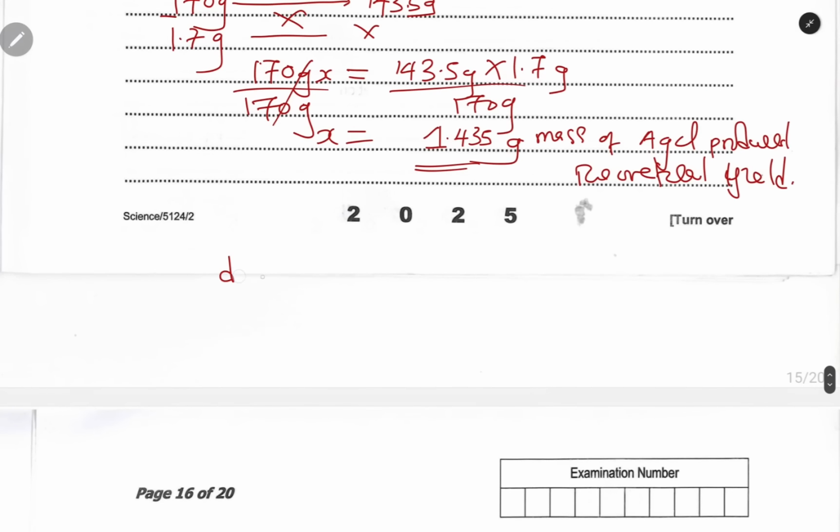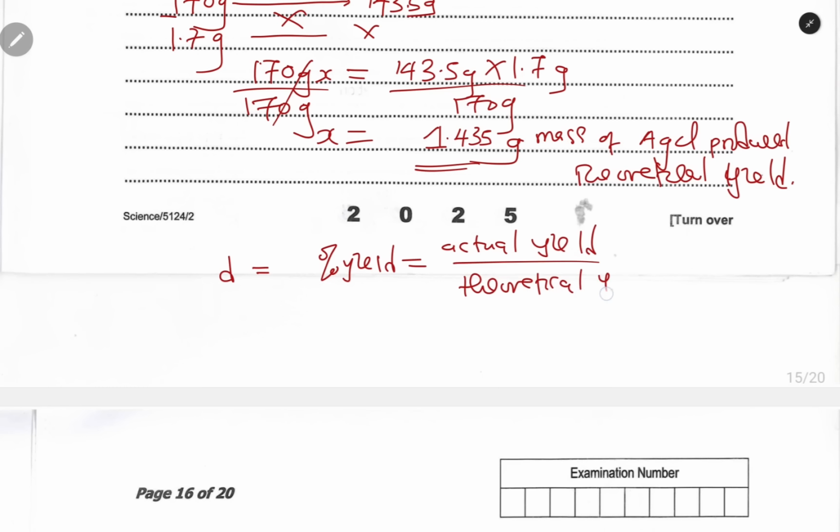So we are going to say percentage yield is equals to actual yield divide theoretical yield multiplied by 100%.